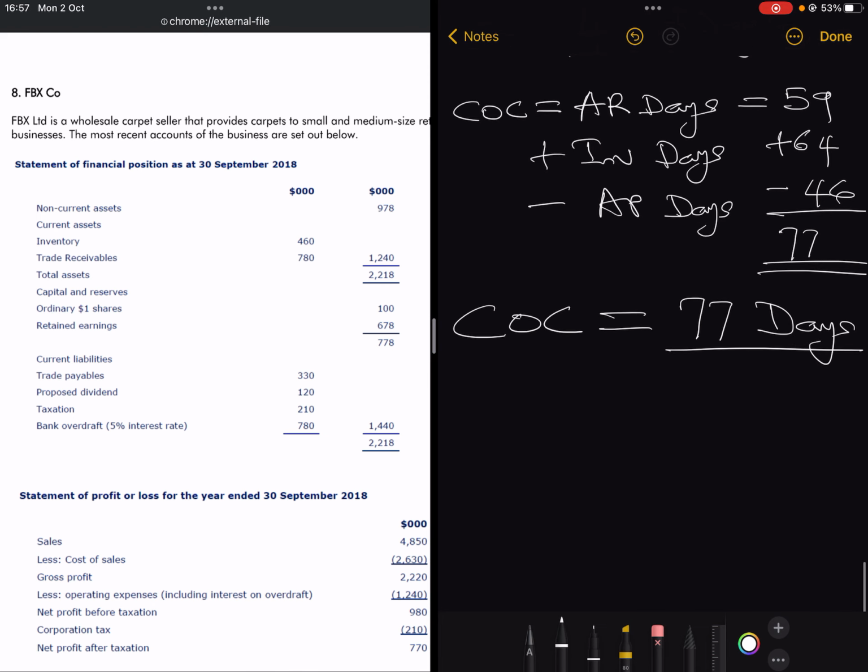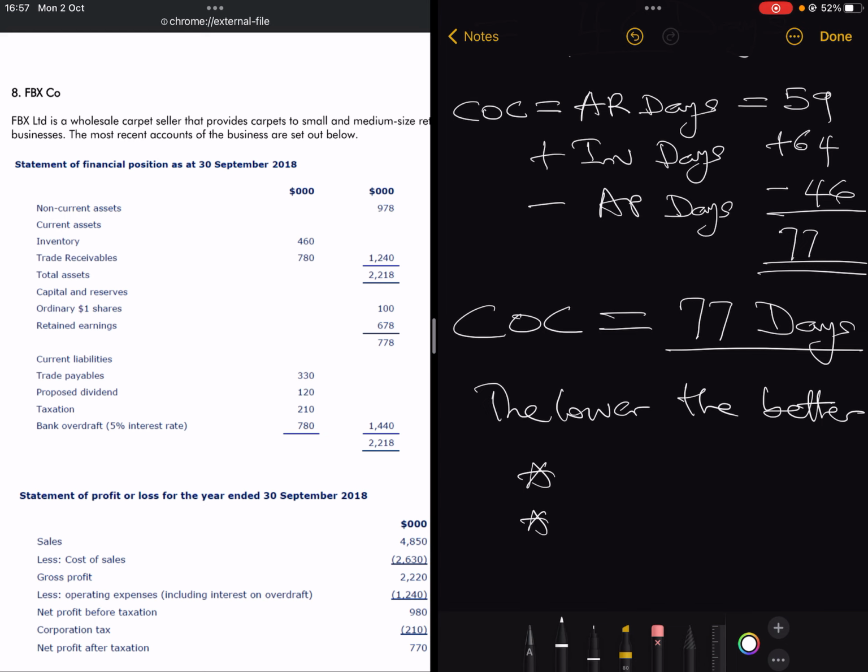Now, this question did not ask whether this is good or bad, but in the future, you might have a question that's asking whether you need to comment on these days, whether it's good or bad. Usually, remember what we said, that the lower, the better. But looking at 77, how do you know whether 77 is good or bad? Usually, the question will give you a benchmark data.